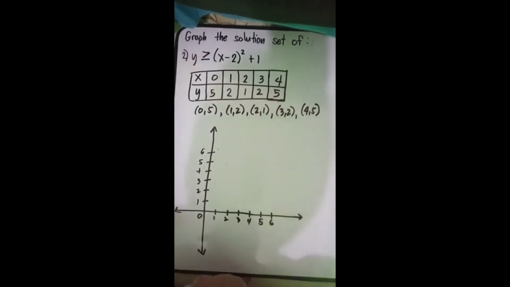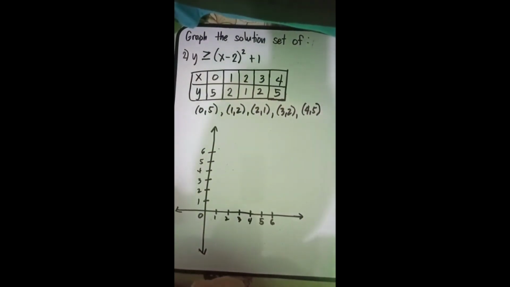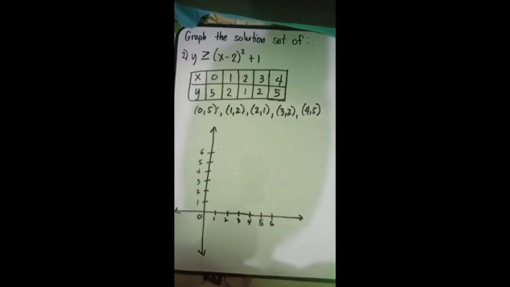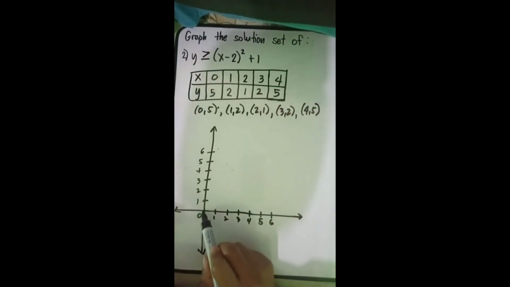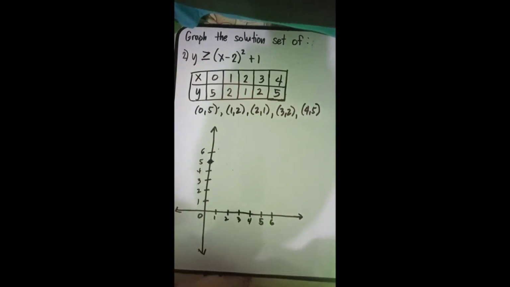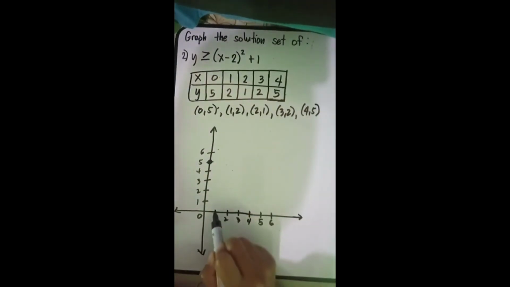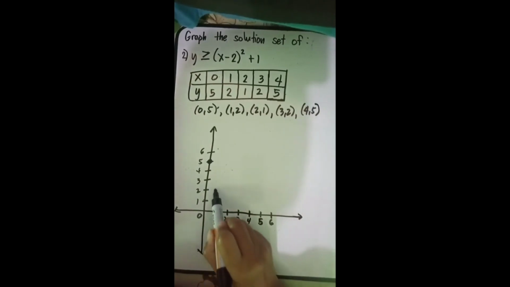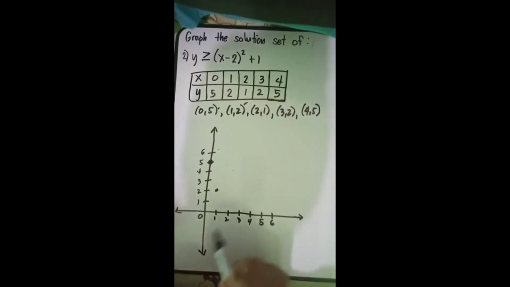Okay, so plot natin yung points. So, we have the first one, 0, 5. So, 0 yung x-coordinate niya, then, 5 yung y-coordinate. So, andito yung point natin. Next, 1, 2. That is our second point. Next, 2, 1.